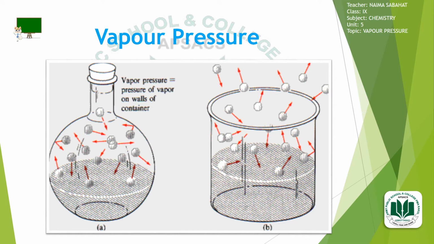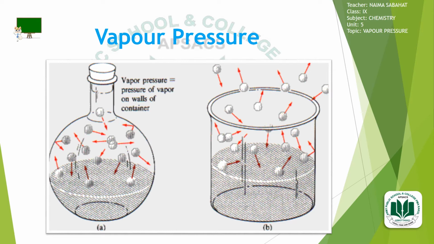At this moment, vapors are changed back to the liquid, and this conversion of vapors into the liquid is named as condensation. In the start, the process of condensation is very slow, but with the passage of time, like evaporation, the process of condensation also increases.